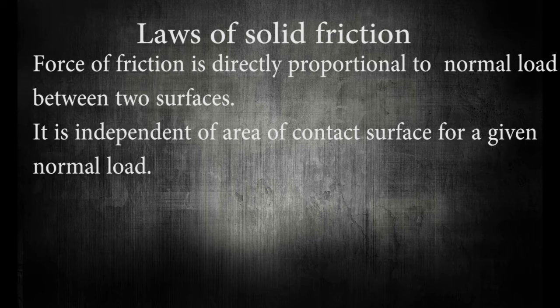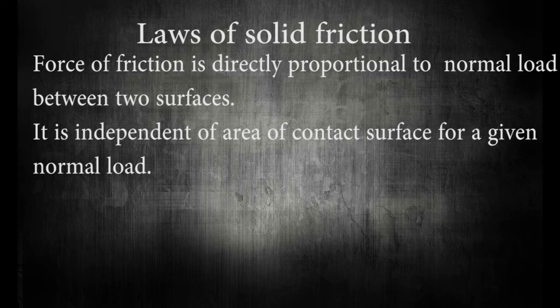So will the friction be different for these two cubes? The answer is no, because the area is not playing a role in the case of friction. No matter how big or small the object is, or how large the area covered by the object on the surface on which it is resting, it doesn't matter, right?